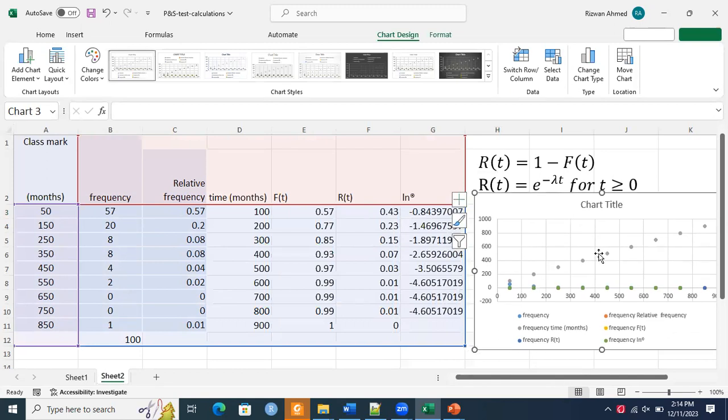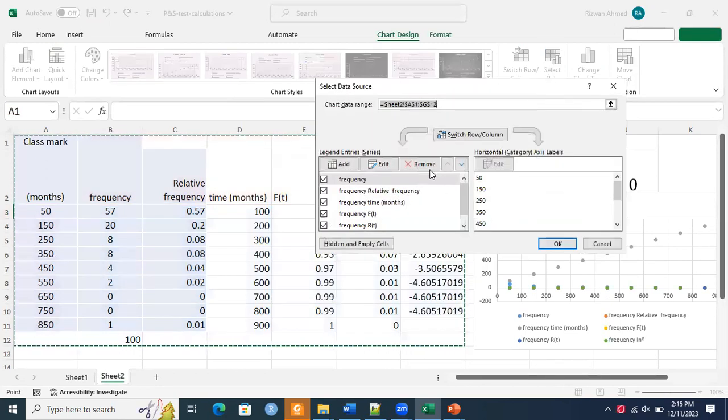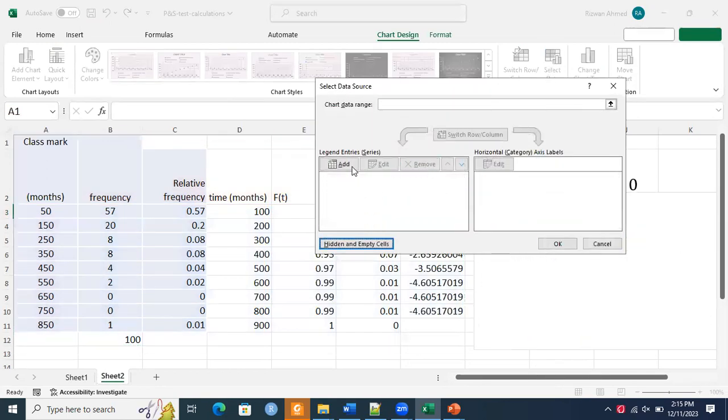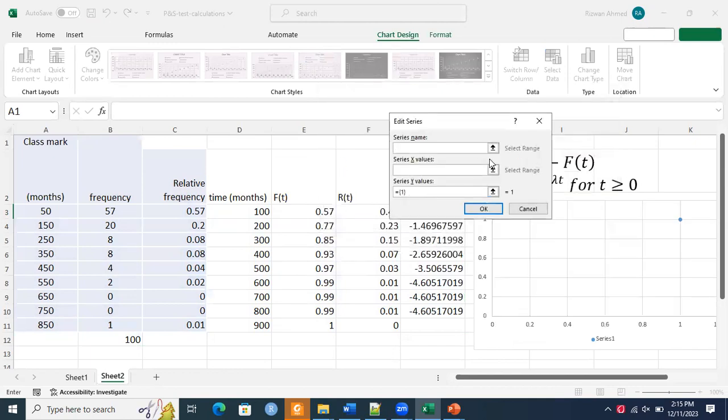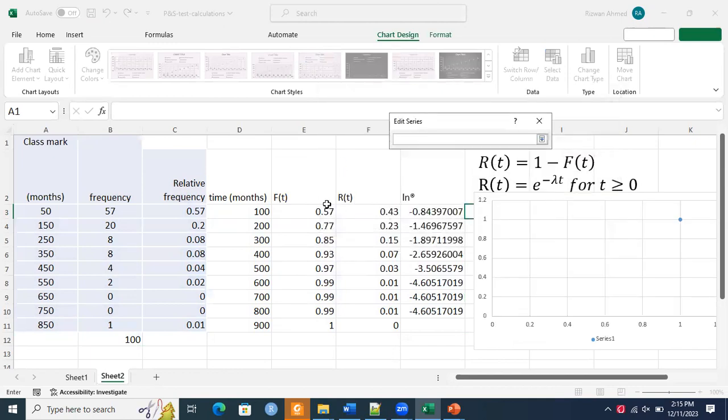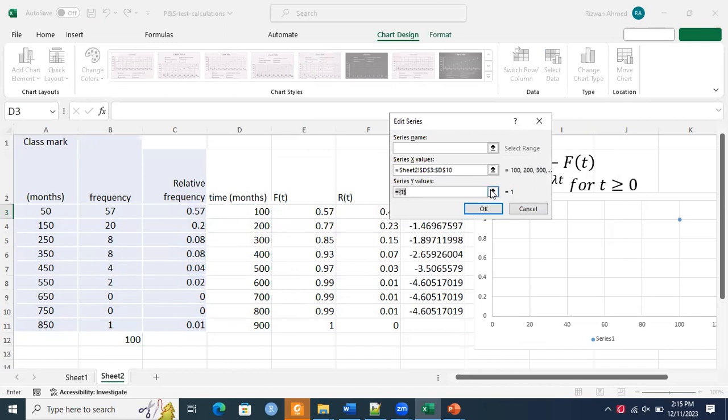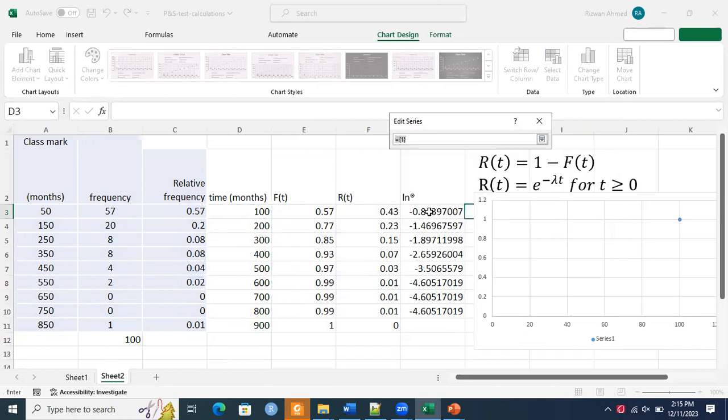I would like to plot time and the r of t. So remove all the things. Add a series, and x values are the time values. We'll skip the last value since there is an infinite value there. Right. And then on the y-axis, log of r.